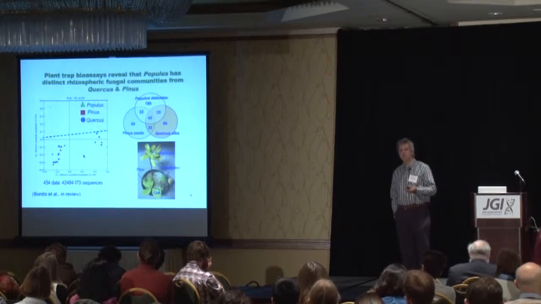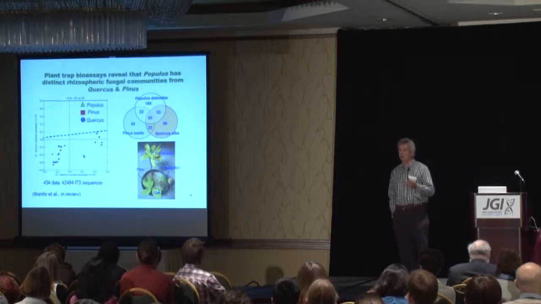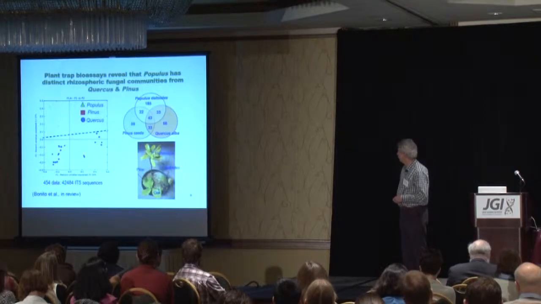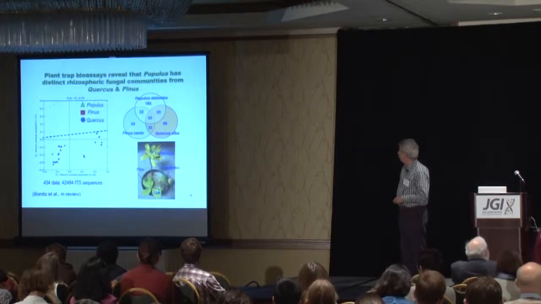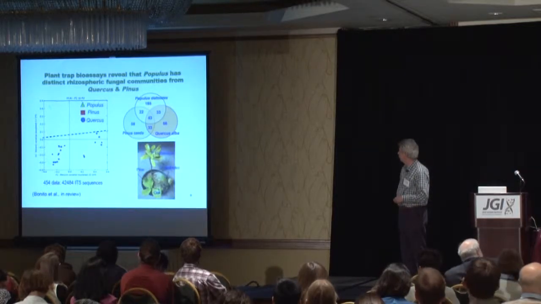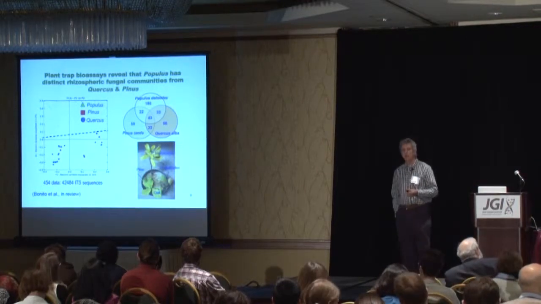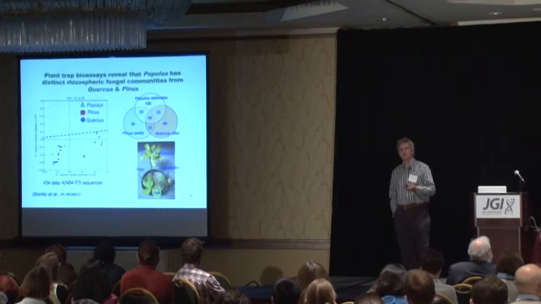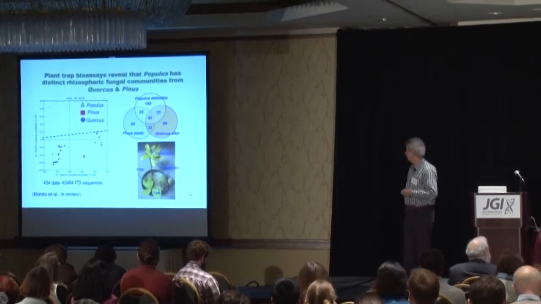And this is largely due to the fact that oaks and pines are highly ectomycorrhizal. And you can see that here too, because Populus has a larger fraction of unique fungal taxa associated with its roots, in contrast to these other hosts.